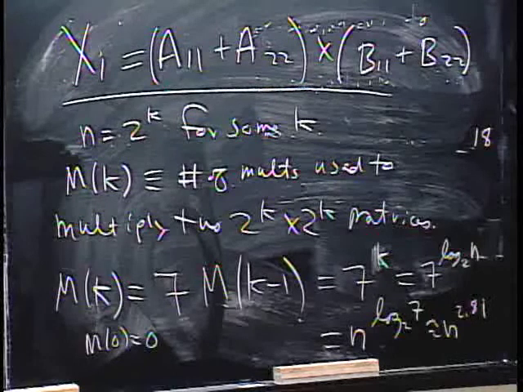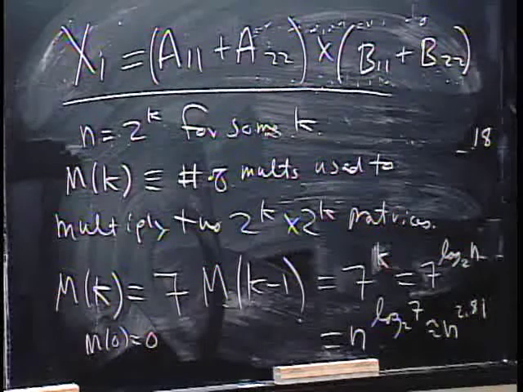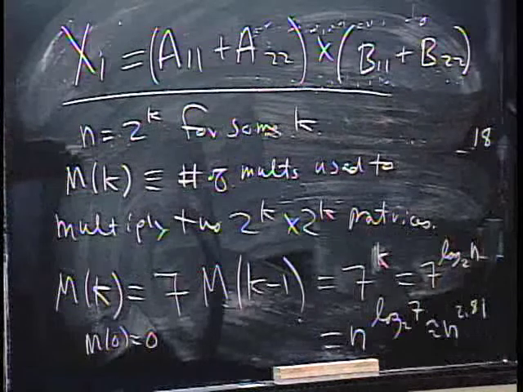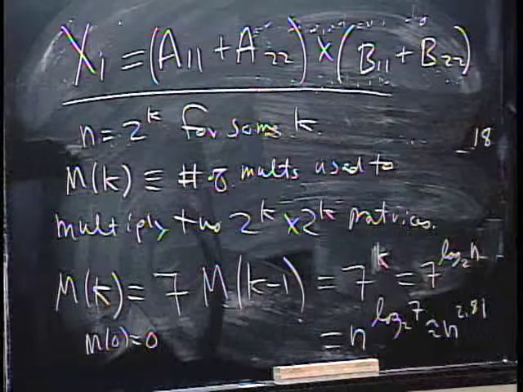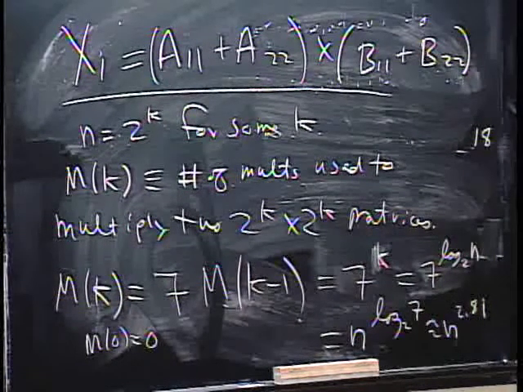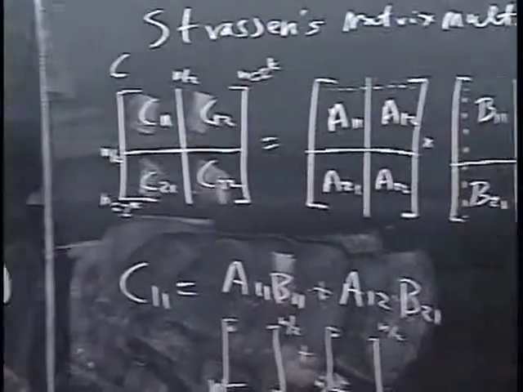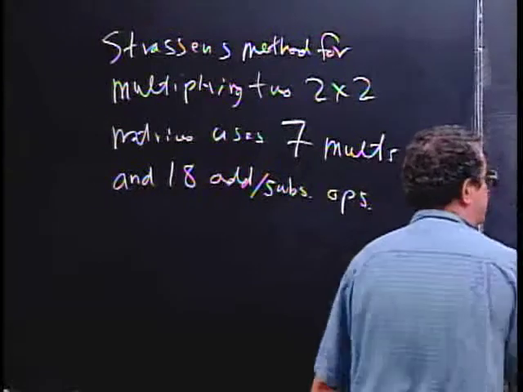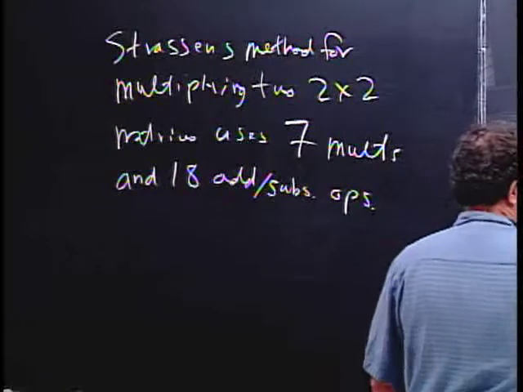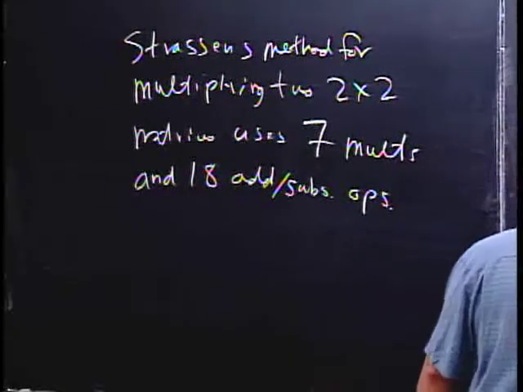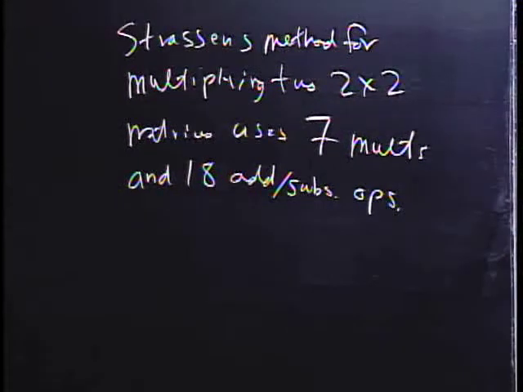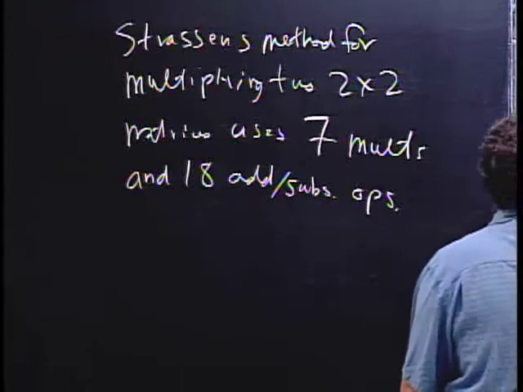It was done separate from the analysis of the number of additions and subtractions, so now we'll do that. Well, I said over here that the 2 by 2 case uses 7 multiplications and 18 additions and subtractions. Now what happens when you use that recursively? Okay. So let's get some notation.